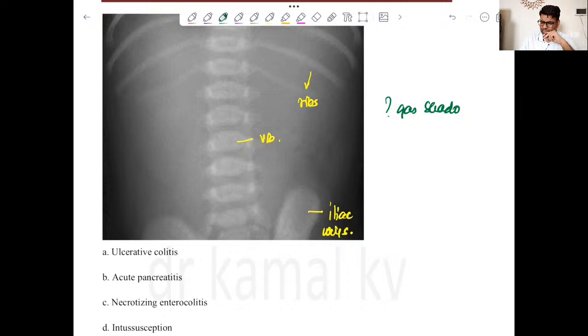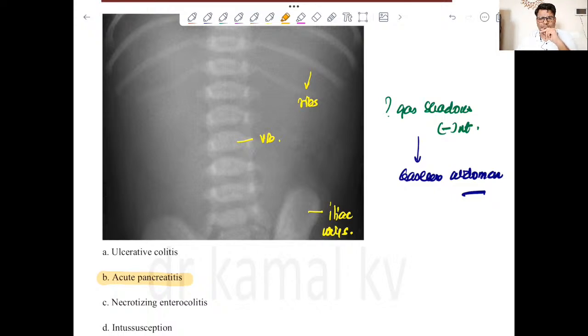So gas shadows of the intestine are absent, and this is known as gasless abdomen, right? Gasless abdomen can be seen in acute pancreatitis. You are not seeing any sort of bowel shadows here. So this is gasless abdomen, suggestive of acute pancreatitis.